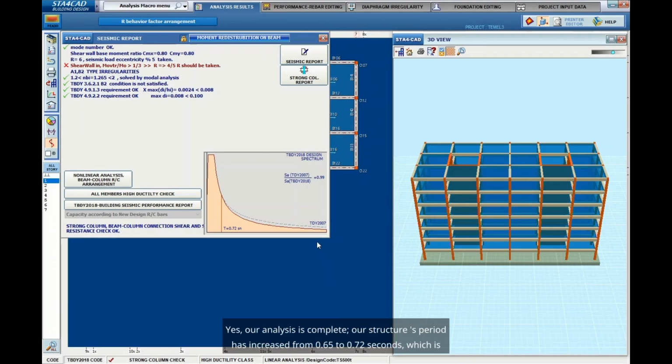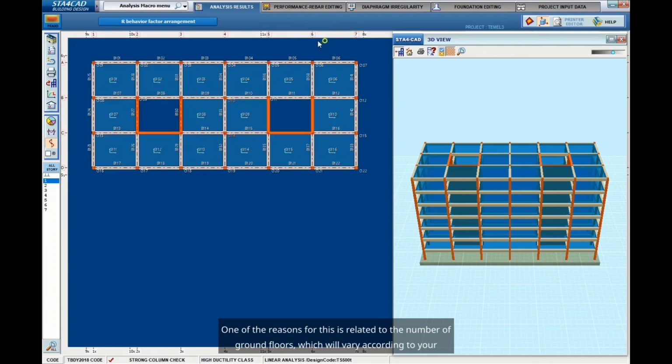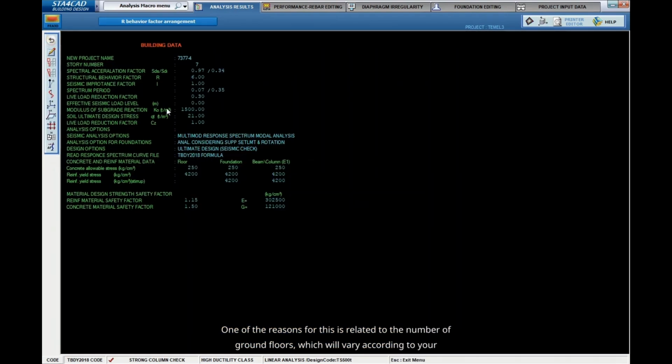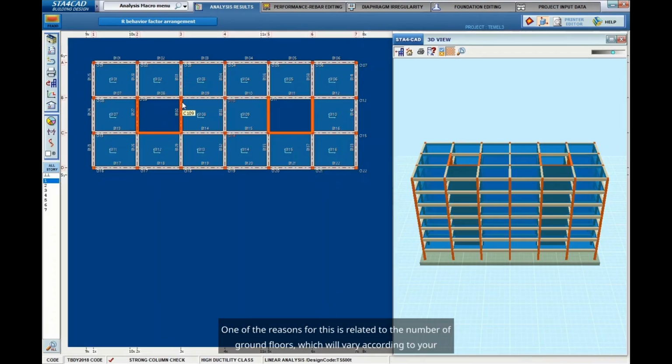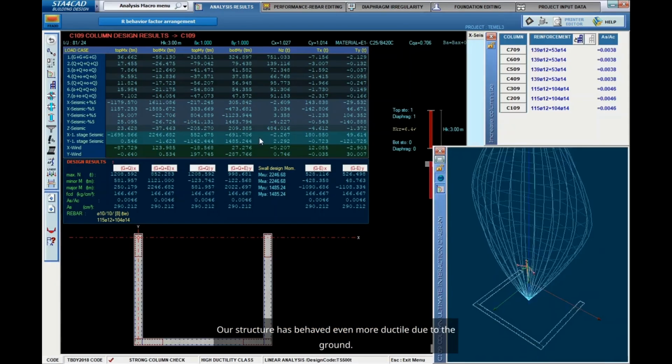Yes, our analysis is complete. Our structure's period has increased from 0.65 to 0.72 seconds, which is again a behavior we expected. One of the reasons for this is related to the number of ground floors, which will vary according to your project. Our structure has behaved even more ductile due to the ground.